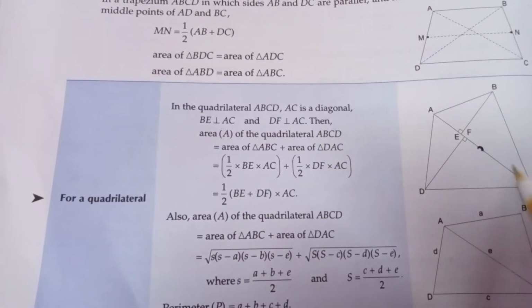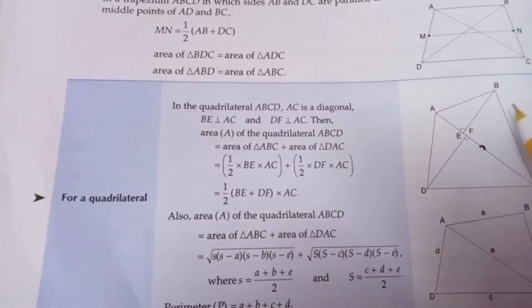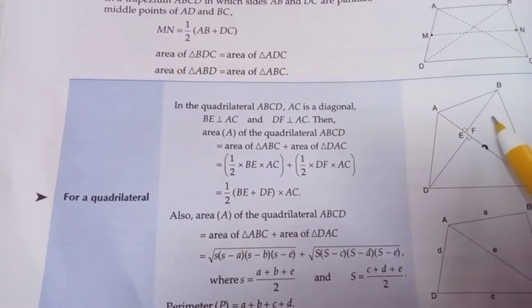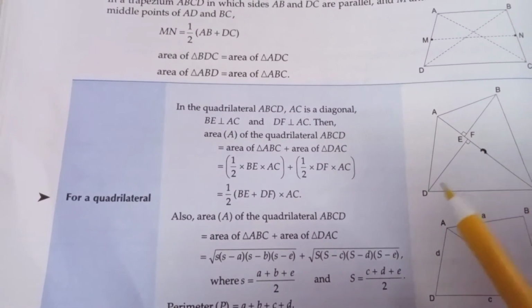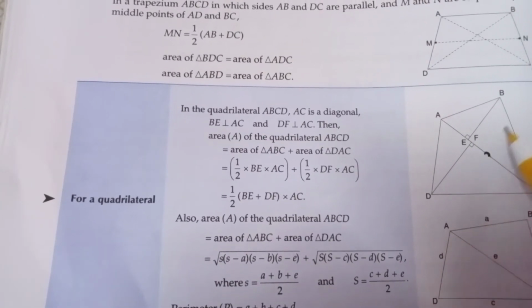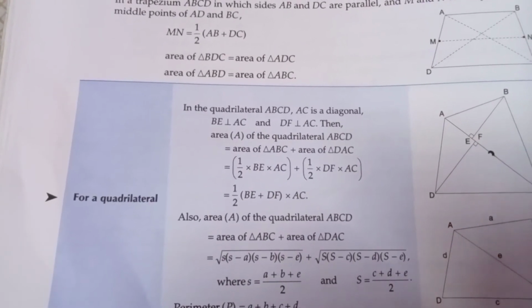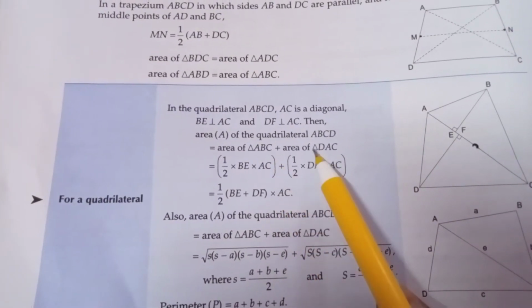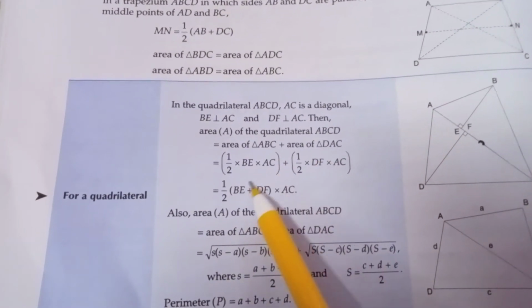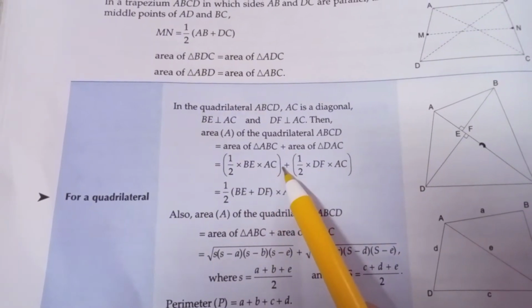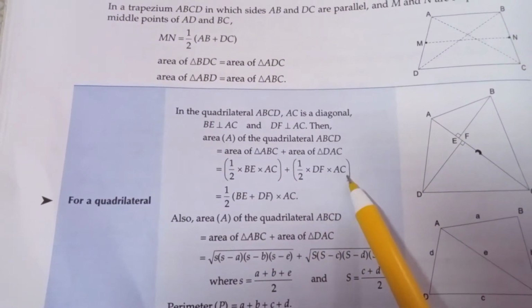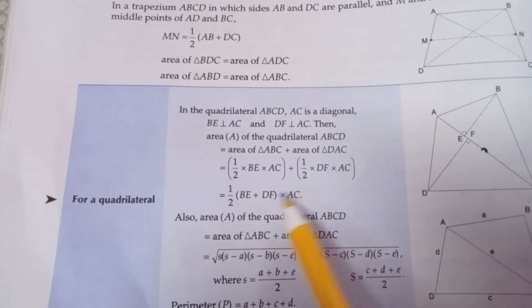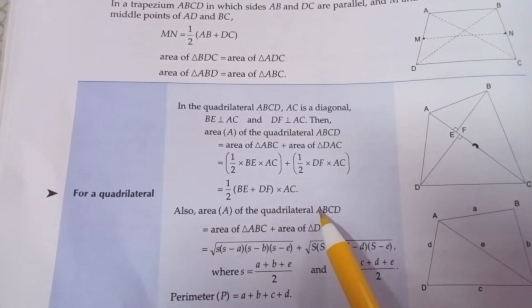First we find the area of the upper triangle or lower triangle, anyone, it's our choice. When we find the area of both triangles and add them, we get the final area of the quadrilateral. So area of triangle ABC plus area of triangle DAC is equal to half BE into AC plus half into DF into AC. When we solve, we get the area of the quadrilateral.